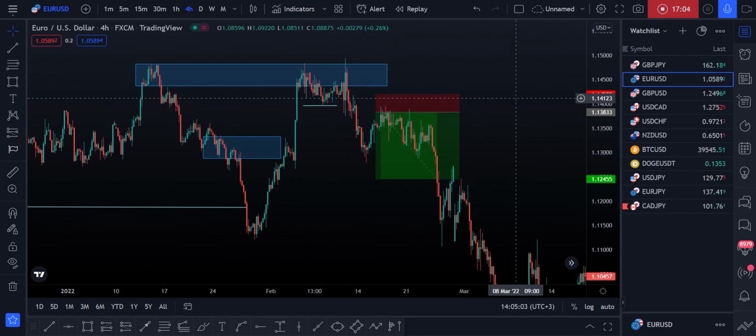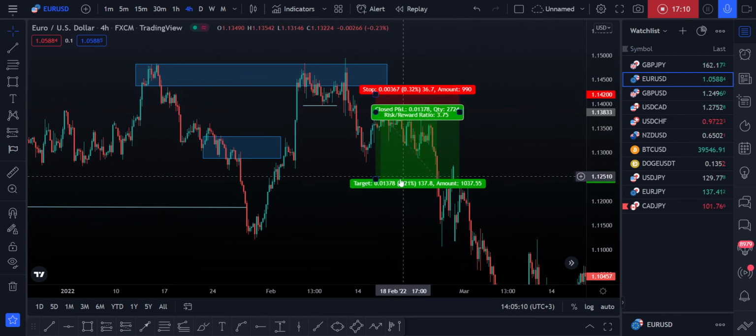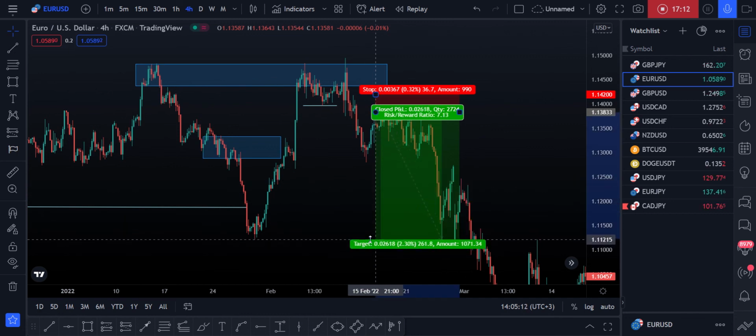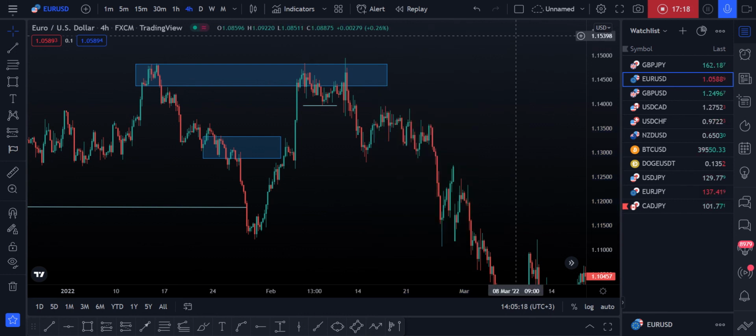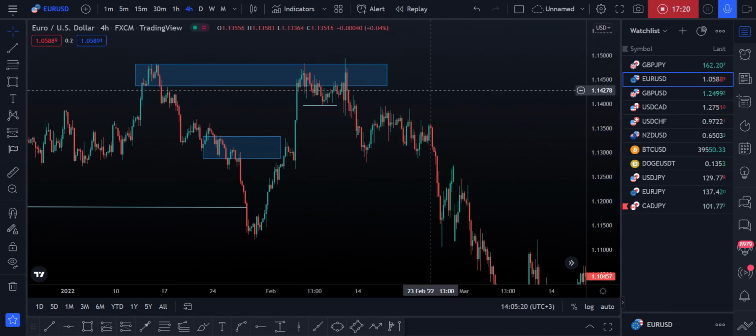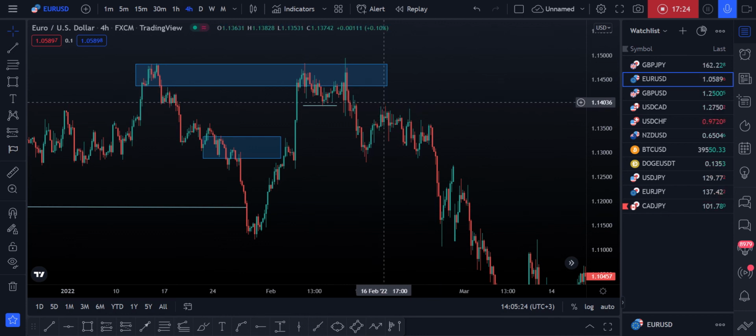I wouldn't advise more than a maximum of two opportunities on a zone. But most importantly, it's going to require you to be patient until you have clarity. Clarity is you want to see a clear pattern. Clarity is going to be the number one filter you have.